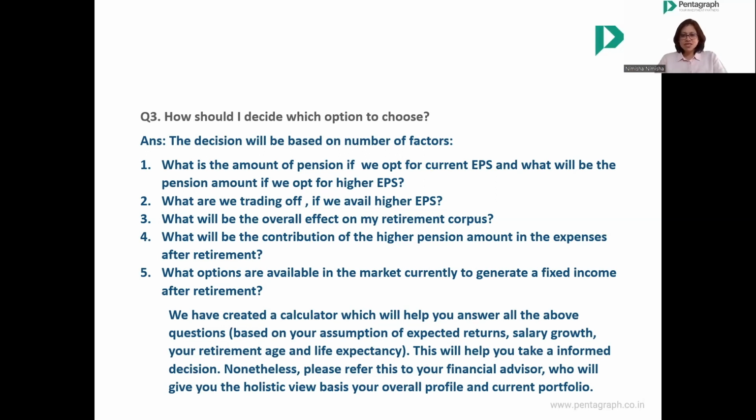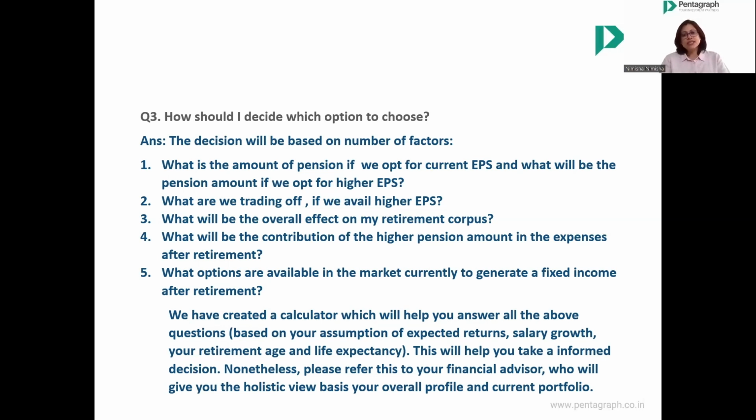Because the ceiling of 15,000 was there, only 15,000 rupees was going to your EPS account and the balance was going to your EPF account. Now, if we opt for this higher pension scheme, then the differential amount which till date has gone to your EPF account, a lump sum from your EPF will move to your EPS account.